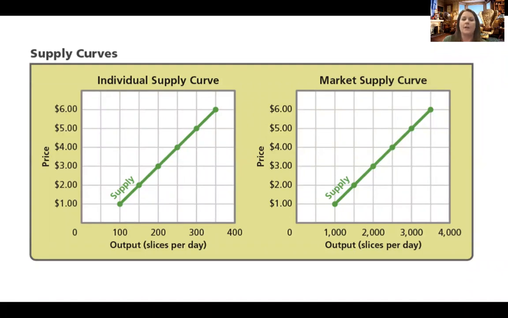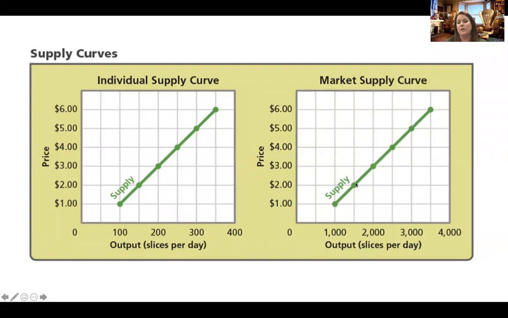So what you're looking at here is an individual supply curve and a market supply curve. If the question was to give you several different points and ask which one of these points you would find on the market supply curve, we're looking at the one here on the right.